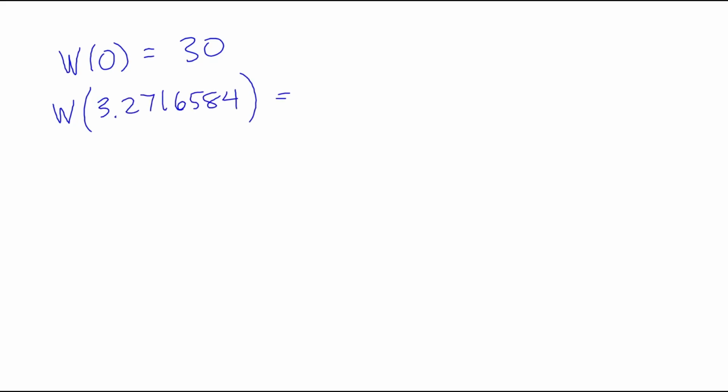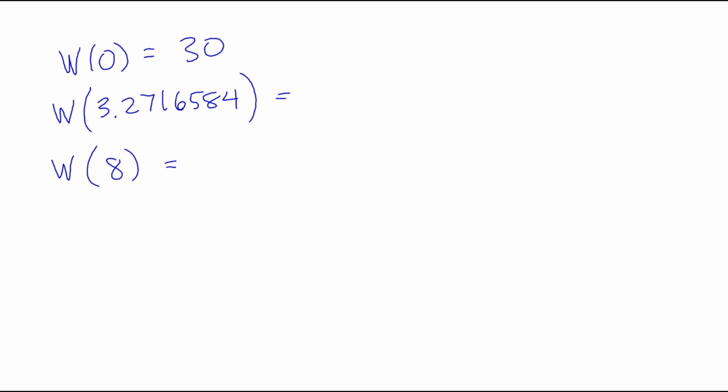W of 0 we already knew was 30, so we don't have to do any real work for that. But w of 3.2716584 and w of 8, we have to do a little bit of work to find.